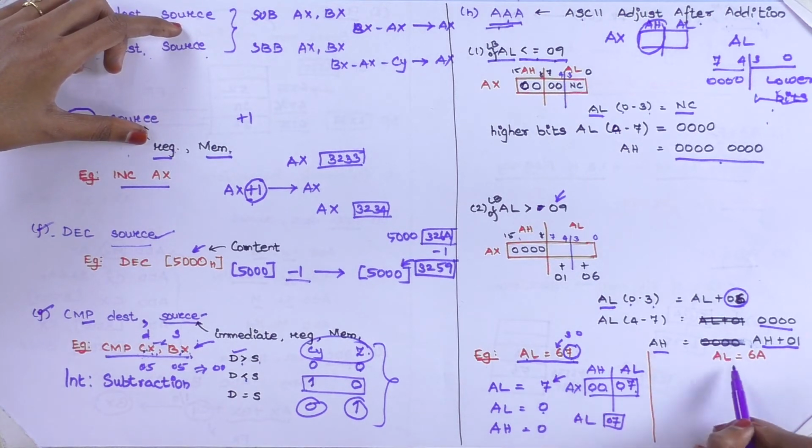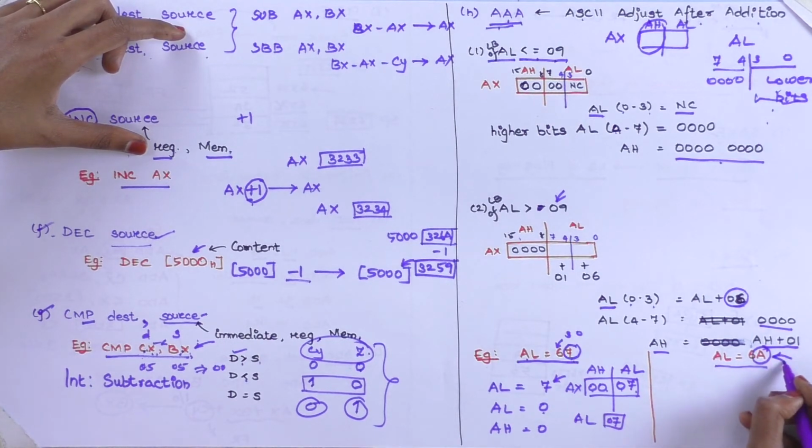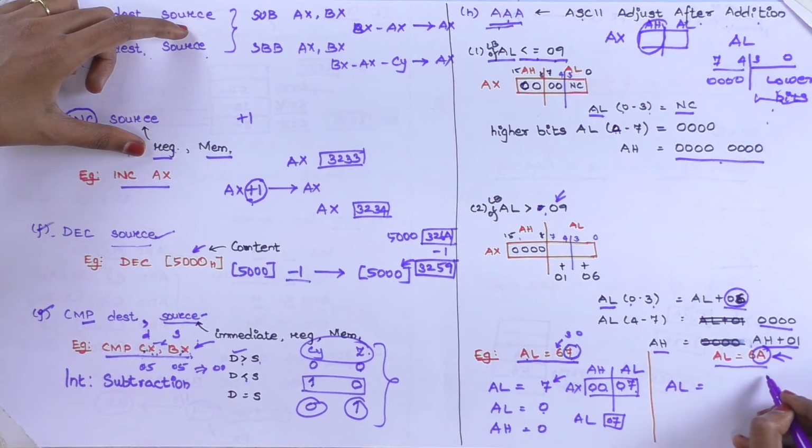We will take another case. Here the AL value is 6A. Here A is greater than 9. So what will happen now? The AL value will be incremented by 6. A is 1010, and 6 is 0110.